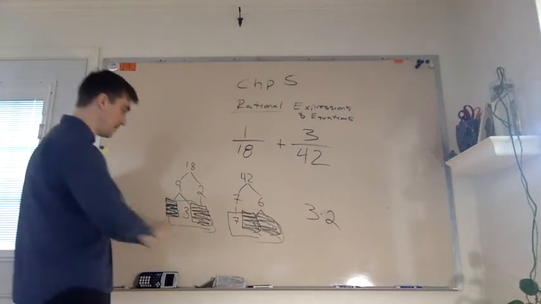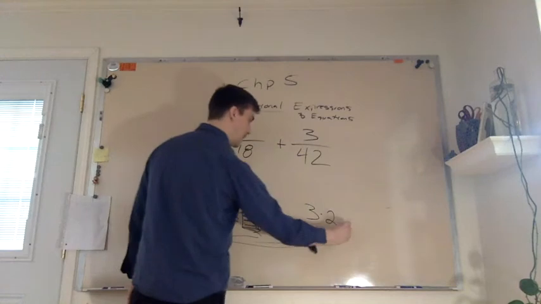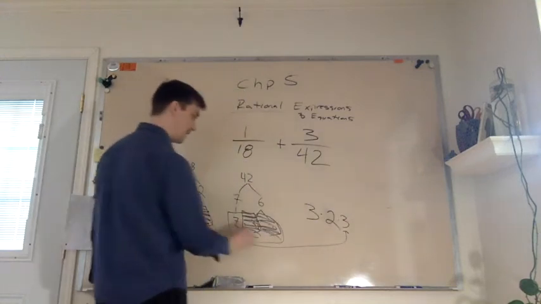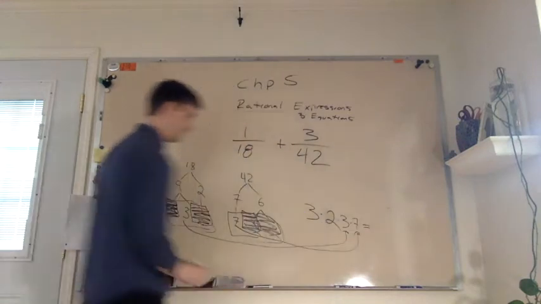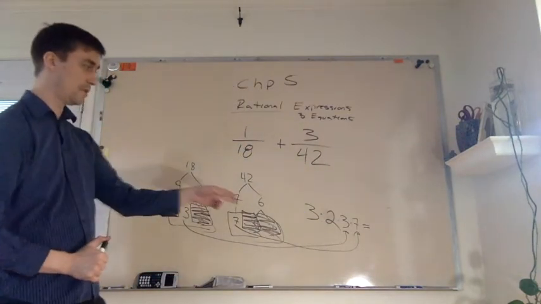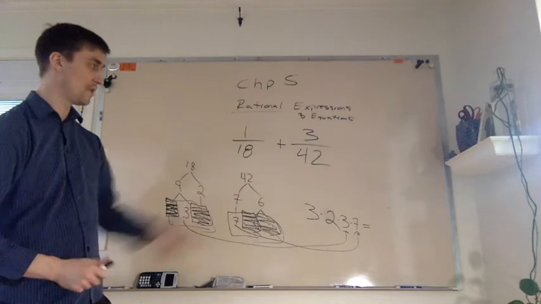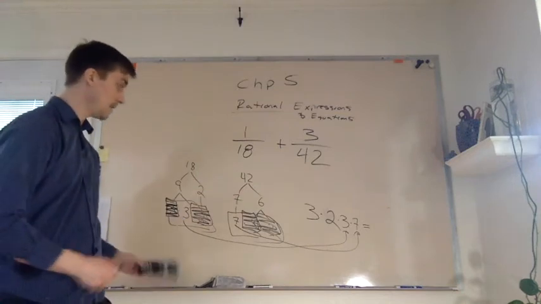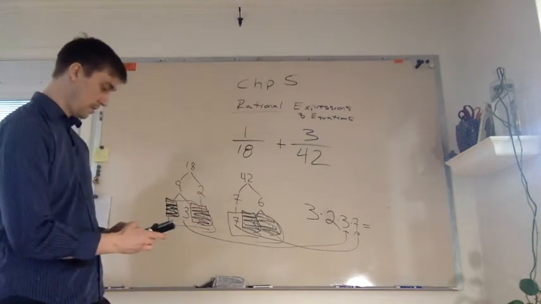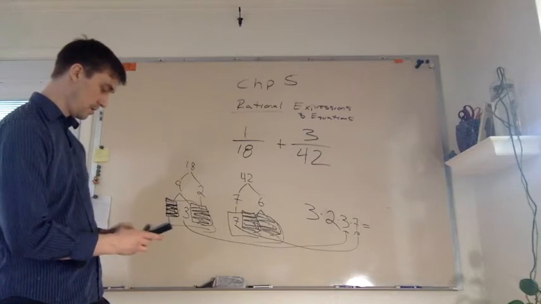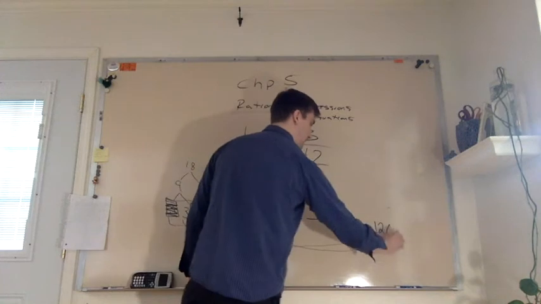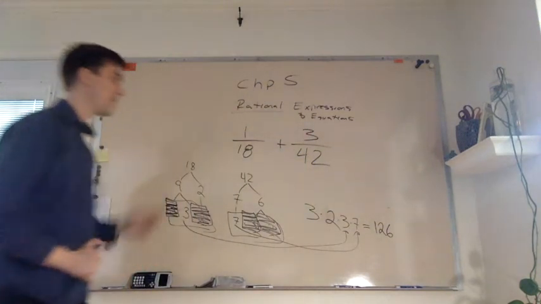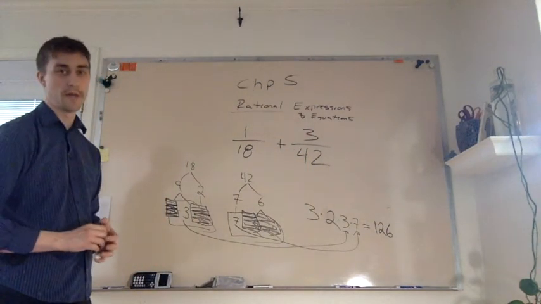So this 3 here, and you got a 7 here. 3 times 2 is 6. 6 times 3 is 18. 18 times 7, can't do in my head, 126. So 126 is the lowest common denominator of 18 and 42.